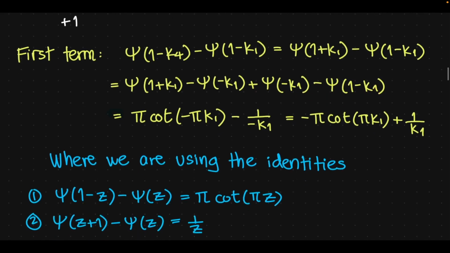To simplify that, we will use the recurrence relation on the digamma: digamma of z plus 1 minus digamma of z is 1 over z. In our case, again, z is minus k1. So we get minus 1 over minus k1, which can be simplified to minus pi cotangent pi k1 plus 1 over k1, because the cotangent is an odd function and we have the minus minus becoming a plus.